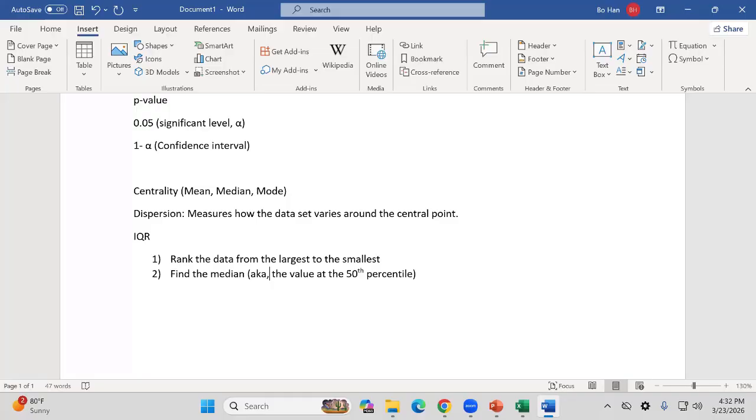Right? And of course, we can find the largest and the smallest, right? The min value and the maximum value. Max and the min.